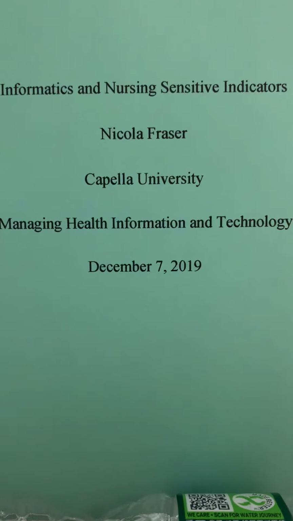Specifically, the NDNQI database includes 19 nursing sensitive quality measures that provide participating organizations with actionable insights based on structure, process, and outcome data using Donabedian's model.